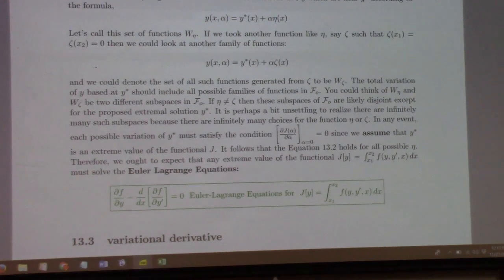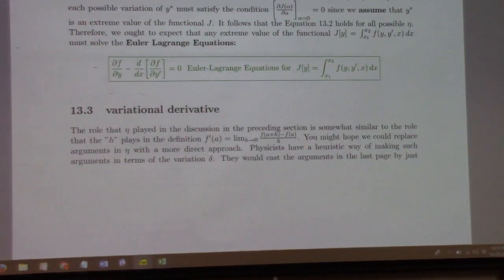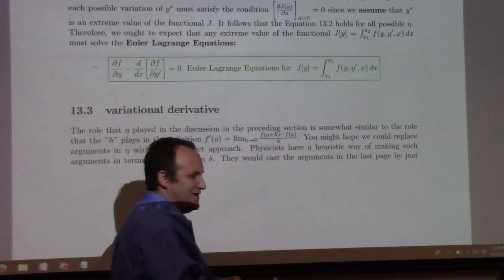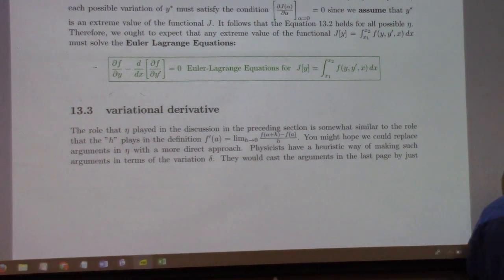The reason they're called Euler-Lagrange equations is Euler did it first. Euler's the famed 18th century mathematician. Lagrange is the end of the 18th century. The way Euler did it was to think about the path he was looking for. He did something like say, well, the answer I'm looking for, I can think about there being points on the path.